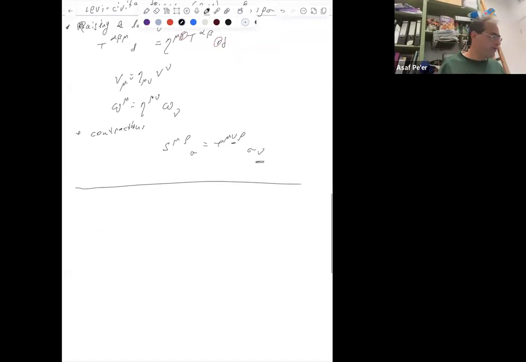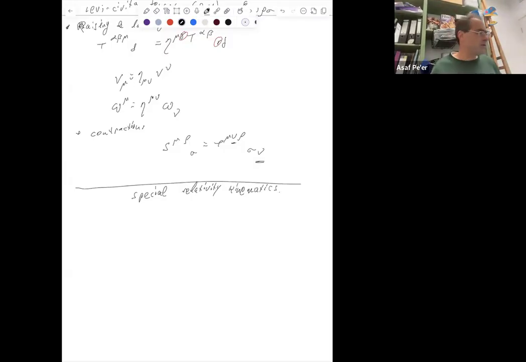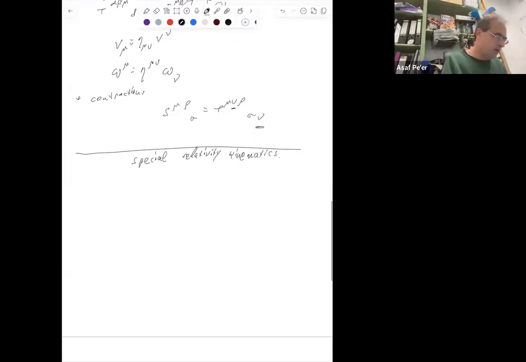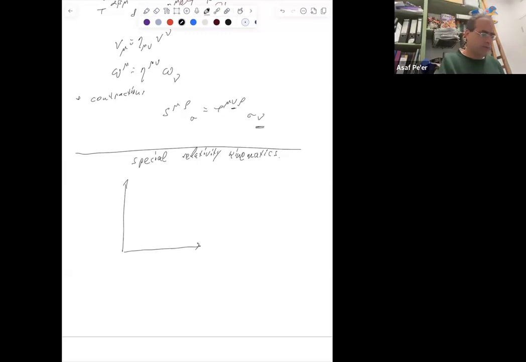And then we switch to physics and we spoke about special relativity kinematics. We said that in special relativity, it makes more sense to speak of a world line. We took all the spatial dimensions and squeezed them into one.